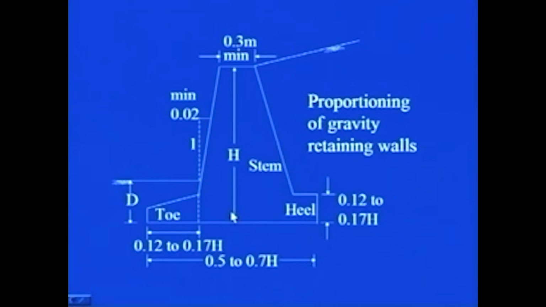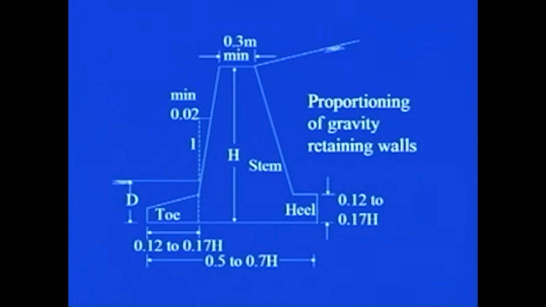So, you can take any particular dimension in between 0.5 to 0.7 times h. Say if h is equal to 10 meters, then your base width can vary between 5 meters to 7 meters. You can go ahead in providing the stability checks for the failure criteria with base width equal to say 5 meters, 6 meters, 7 meters and even more than that.